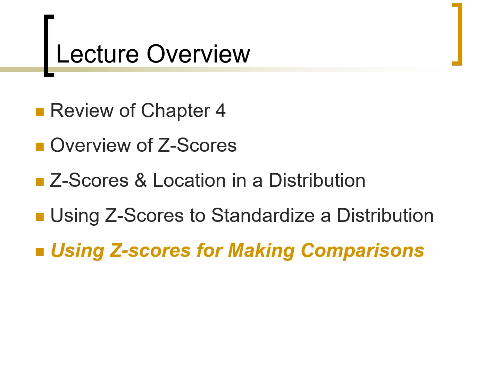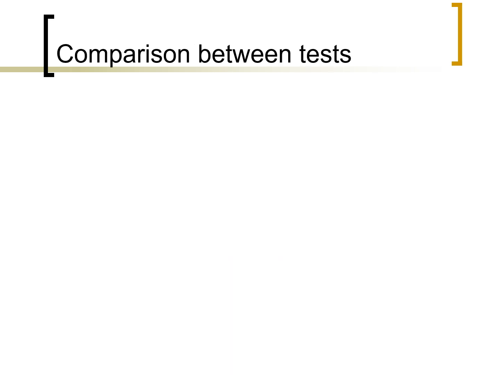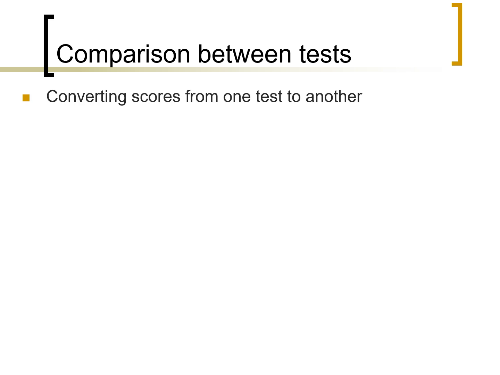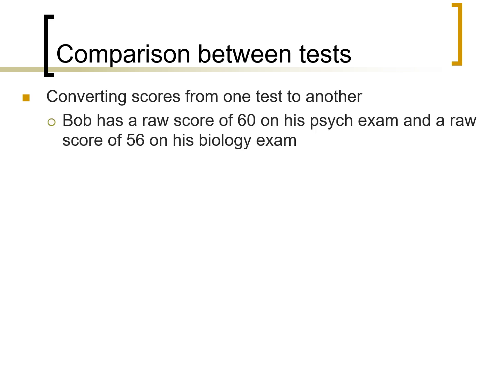And then finally, it's useful to use z-scores to make comparisons. For example, Bob has a raw score of 60 on his psych and 56 on his bio. Which one did he do better on?